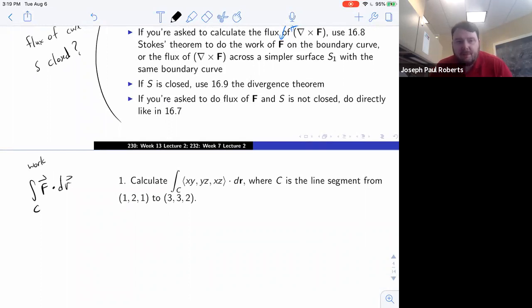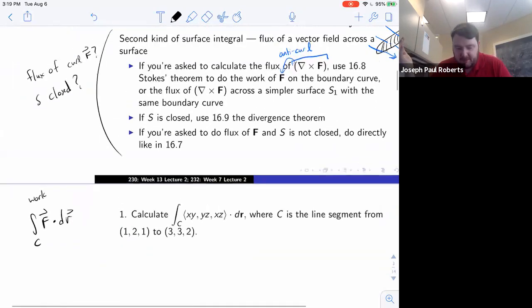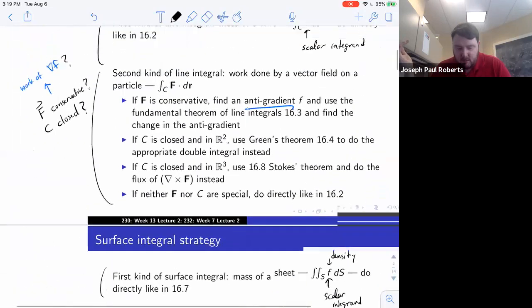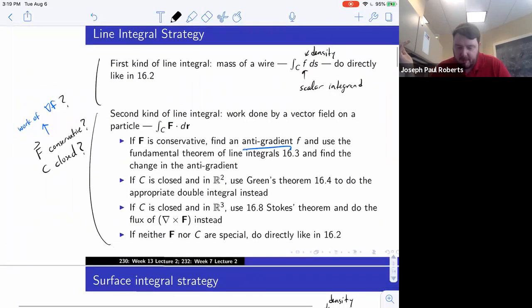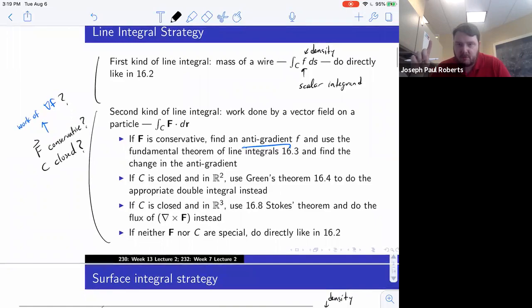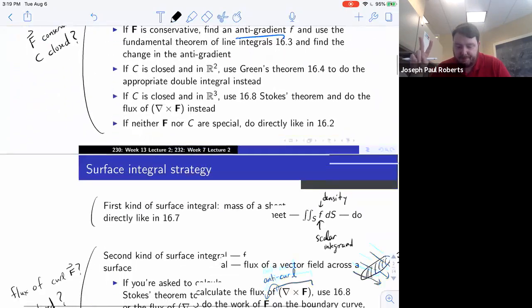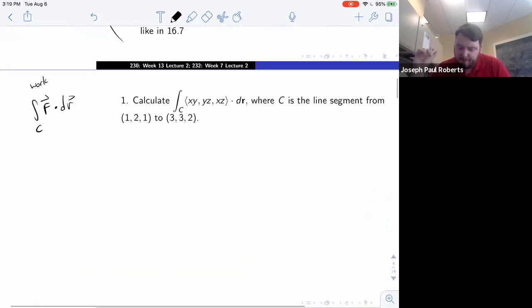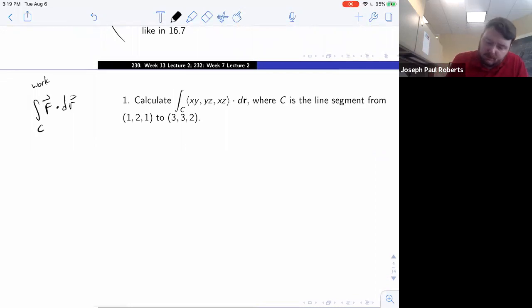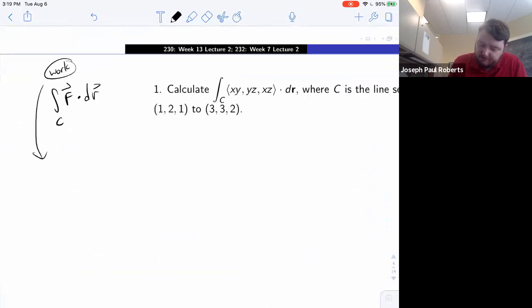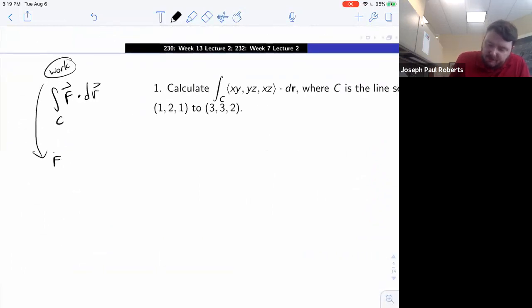Once you've done that, for the vector field ones, you start to ask your secondary follow-up questions. For work questions, I'm looking for conservative vector fields or closed curves. So as soon as I see work, I ask myself, okay, is my vector field conservative?